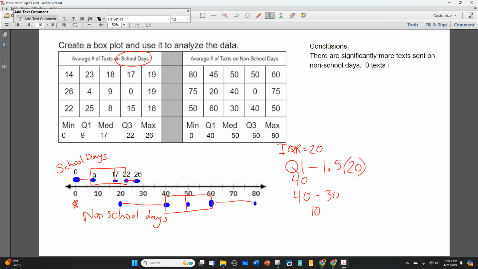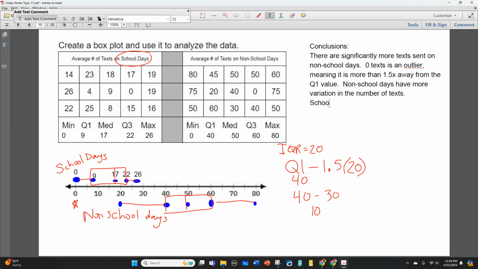Zero texts is an outlier, meaning it is more than 1.5 times the IQR away from the Q1 value. We would also say that non-school days have more variation in the number of texts.